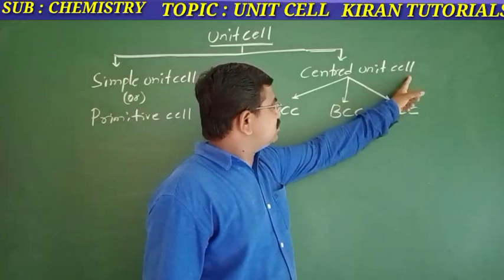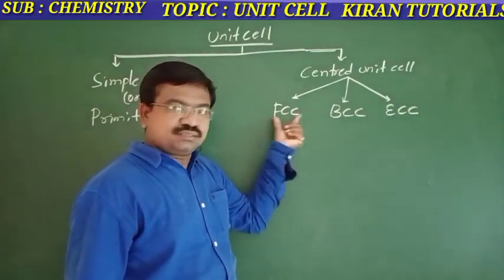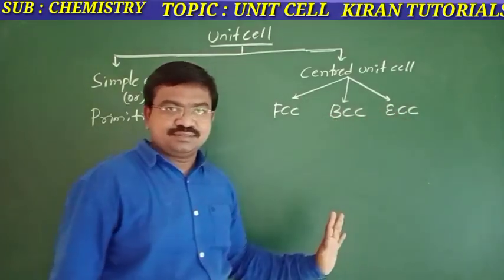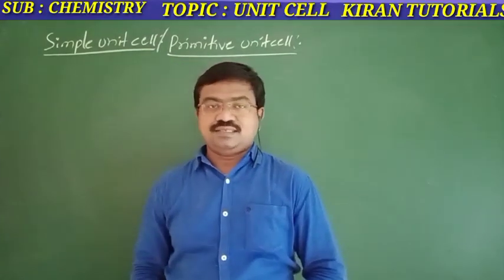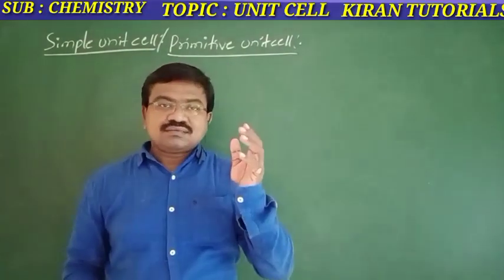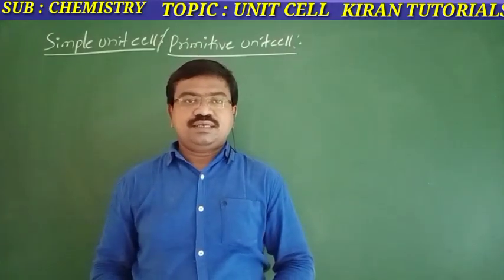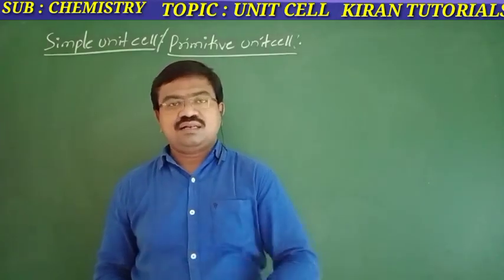In centered unit cell there are three types: face centered, body centered, end centered. Clear? The first one, primitive unit cell, is also called simple cell or simple cube.